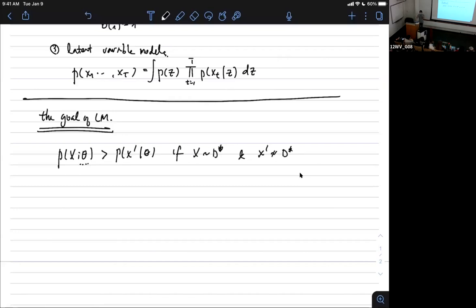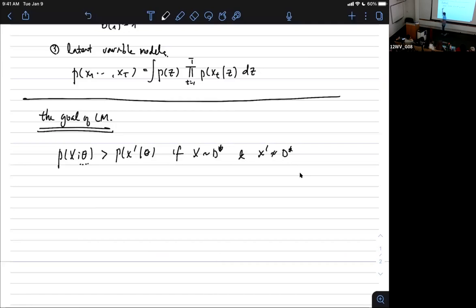Let's imagine there is some oracle, D star. This is a distribution, and for every sentence that we write or speak in any given language, if I compute the probability under D star, that's perfect. It only puts probability on sequences that form valid text in that language.